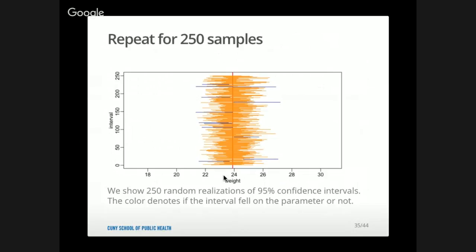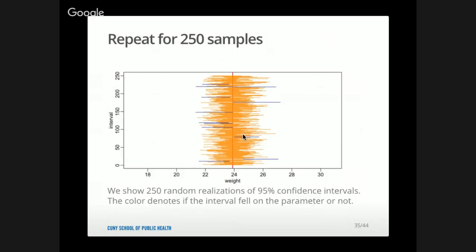Now let's repeat that 250 times. So we draw 250 samples, and each time we calculate not just the mean, but the confidence interval using this 1.96, the critical value of z, and plot them. So these are just lines going from the minimum to the maximum, and they're colored blue whenever that interval does not include the known true population value.